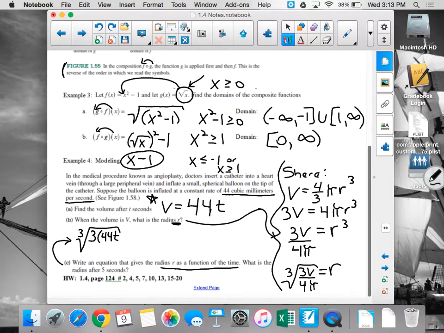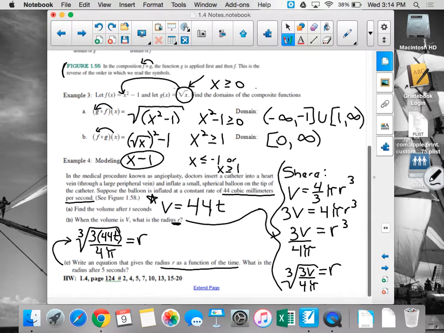So instead of volume, I'm replacing that with that 44t because we know that it's 44 cubic millimeters per second. And whoop, I have to close that up, divided by 4 pi. Now you can simplify this, and by the way, I should probably say this is equal to r. So of course you can multiply the 3 times the 44 and go there. I'm just going to leave this just like that because of my space, which is really naughty because it really should be simplified.